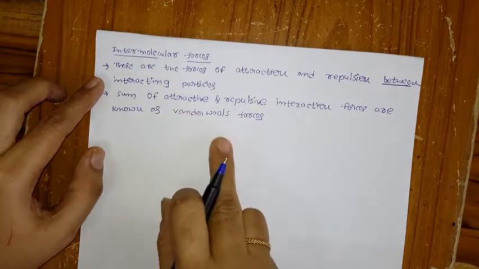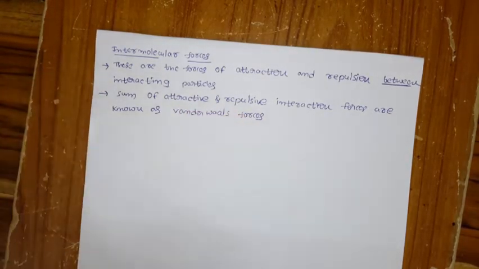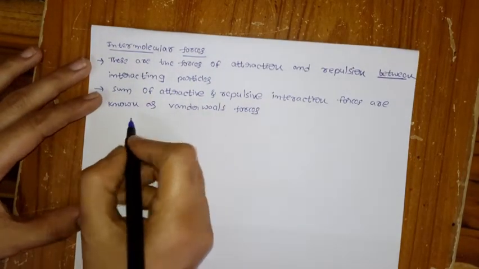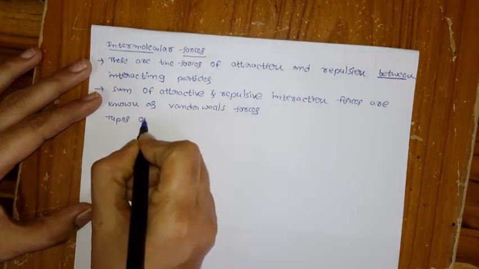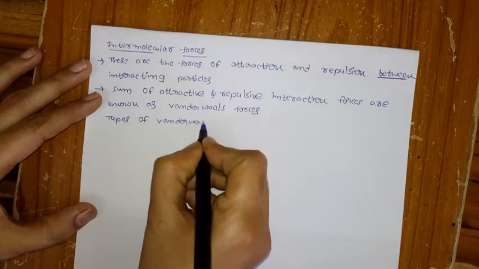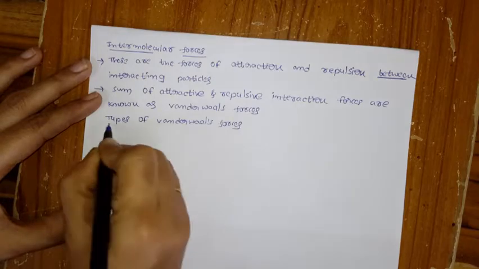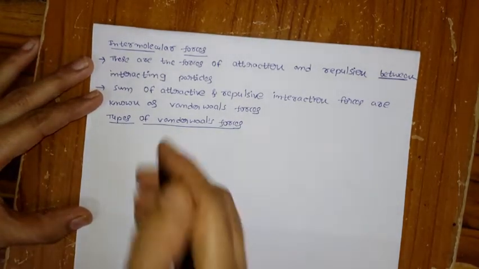So van der Waals forces are a sum of attractive and repulsive interactions. Now let us discuss how many types of van der Waals forces there are. Here we have three types of van der Waals forces.